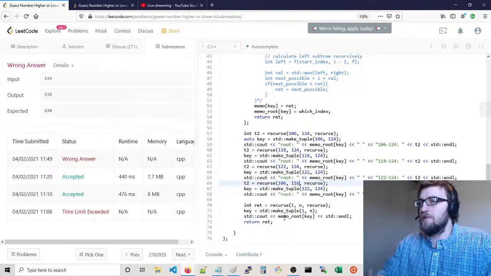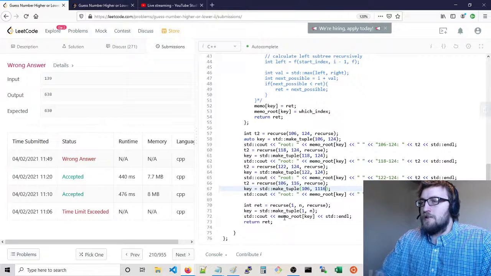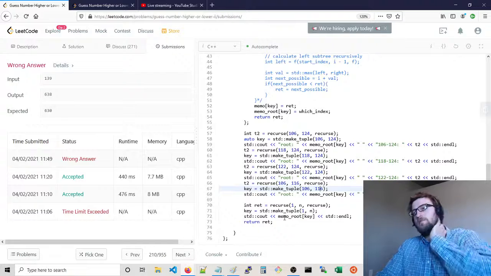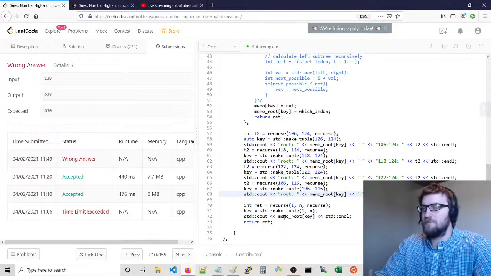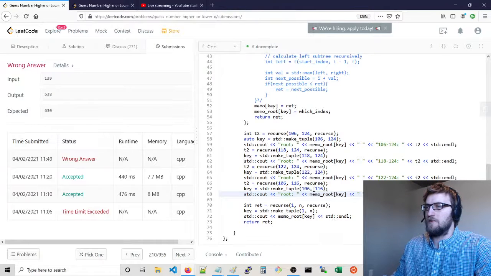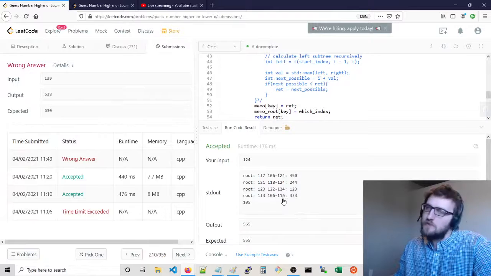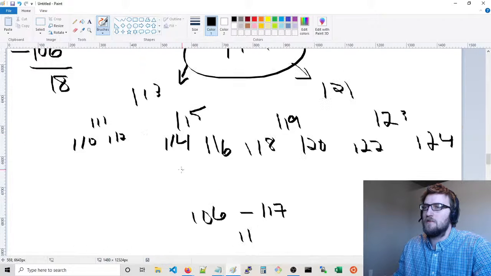I think that's the part that's going to be interesting. It's nice that we have an algorithm that works so we can explore the different pieces. Yeah, this part's interesting. Okay, what does this look like? So 106 to 116 is 113. Wait, what?